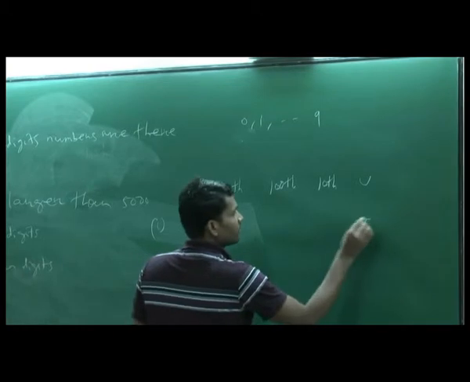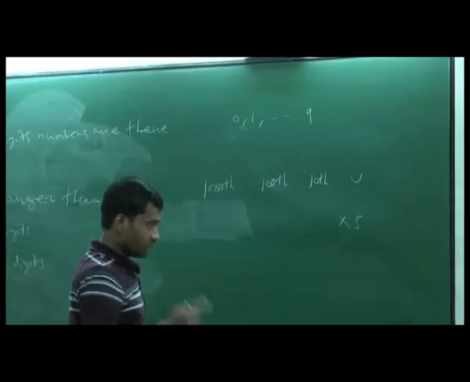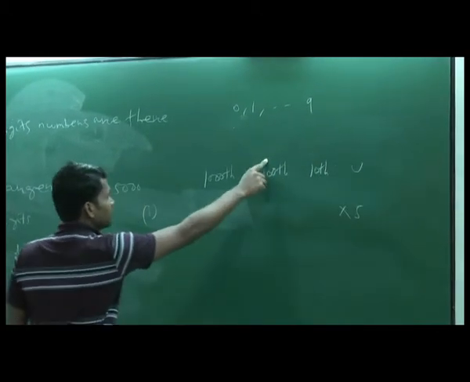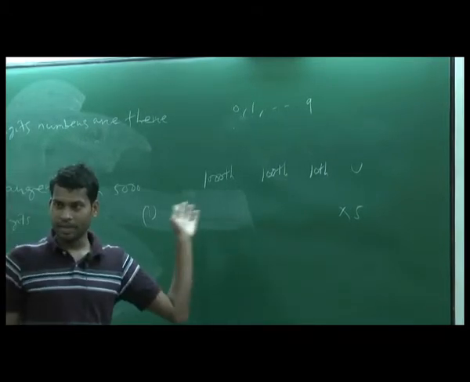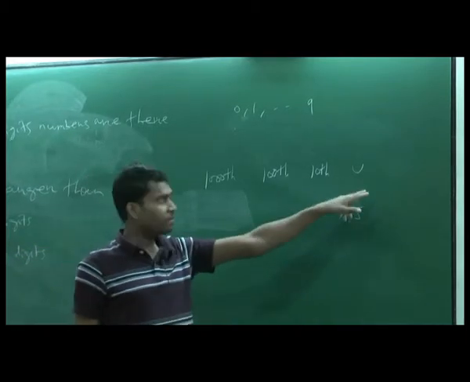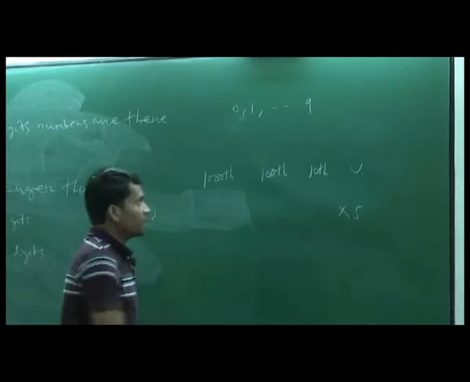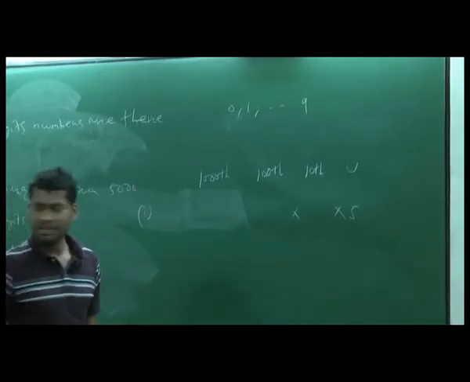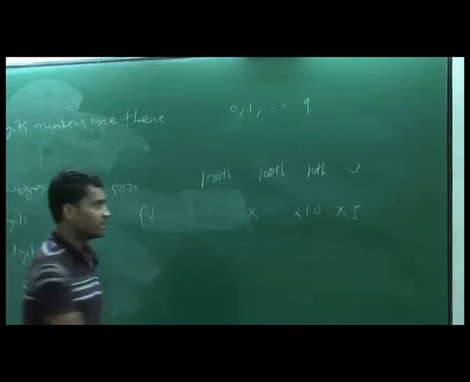So we can assume that this is task 1, this is task 2, this is task 3, this is task 4. We have to fill up these tasks to make one 4-digit number. The first task can be done in 5 ways. And the second can be any digit, 10 ways. And this one, 10 ways.